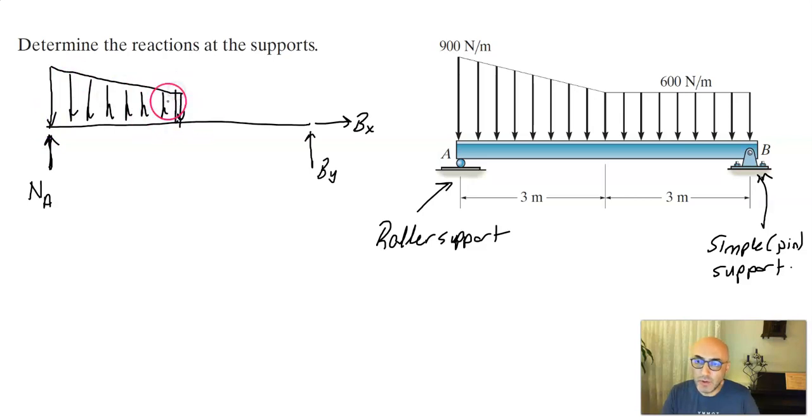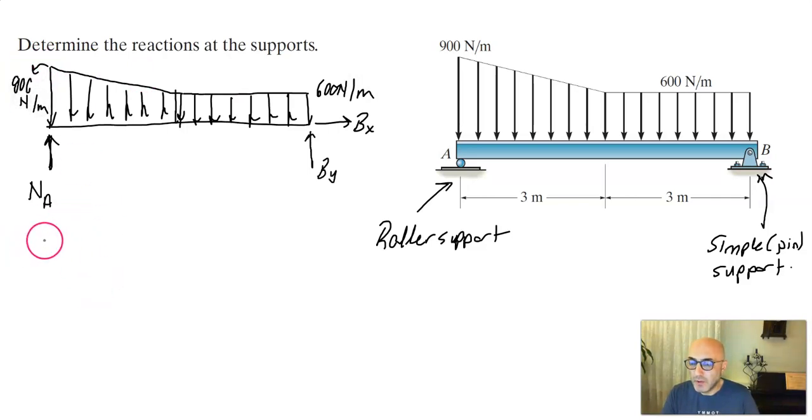We have this trapezoidally distributed load, and then we have this uniformly distributed load with a magnitude of 600 Newton per meter, and we have this magnitude here, 900 Newton per meter. Okay, so essentially what we are going to do now is to write equilibrium equations.